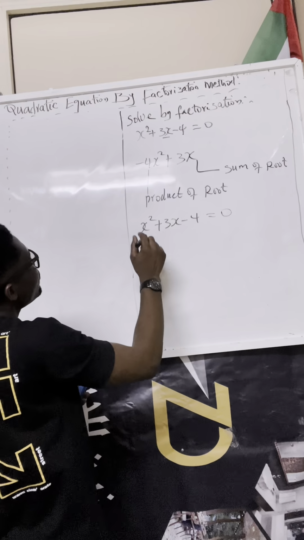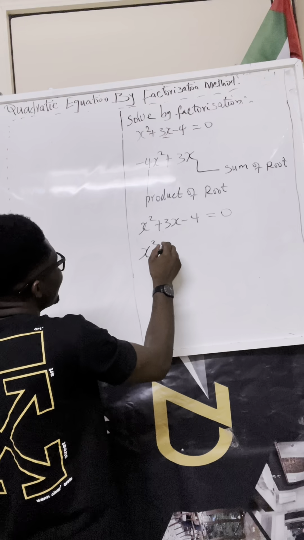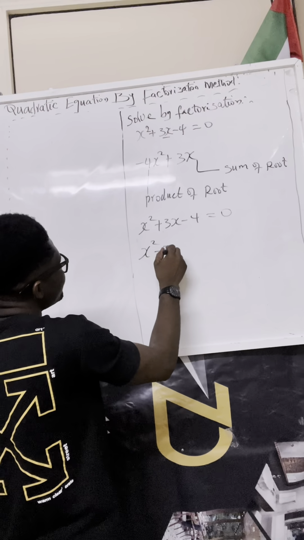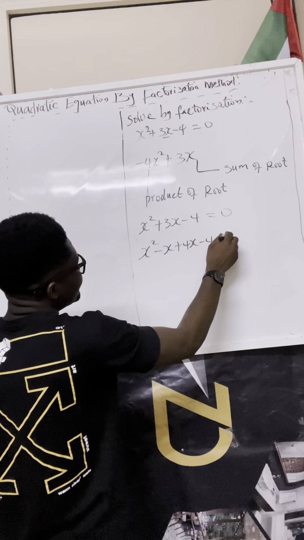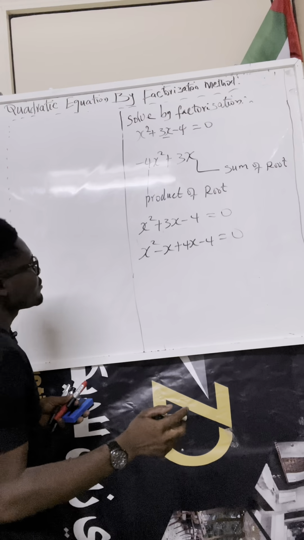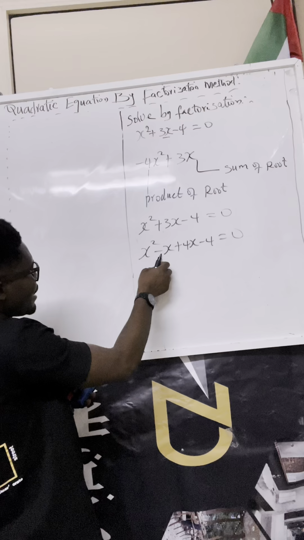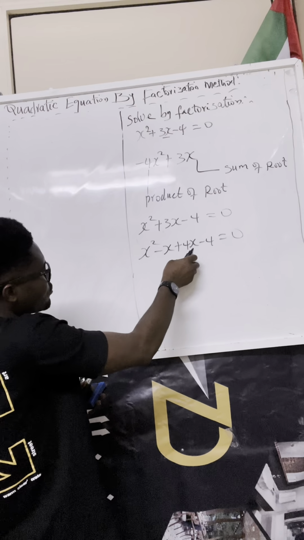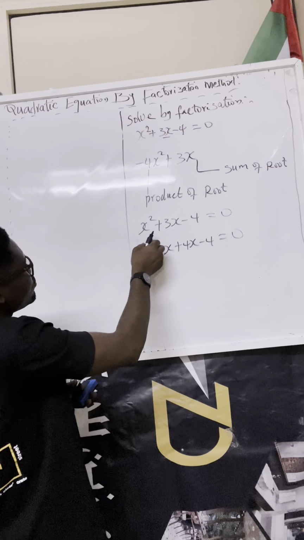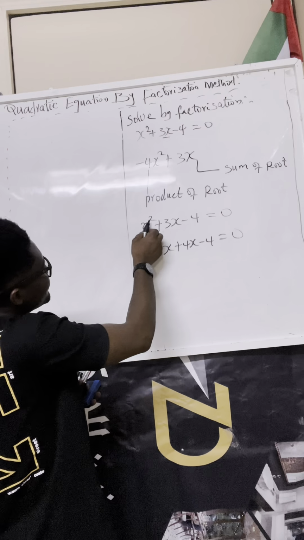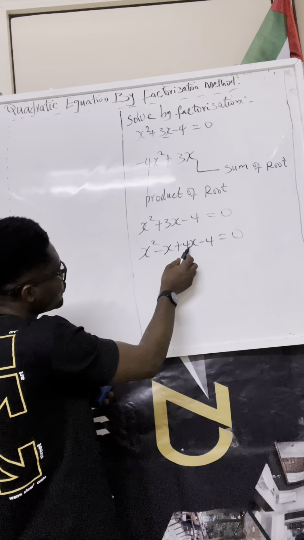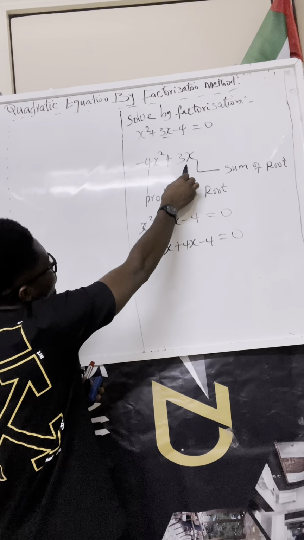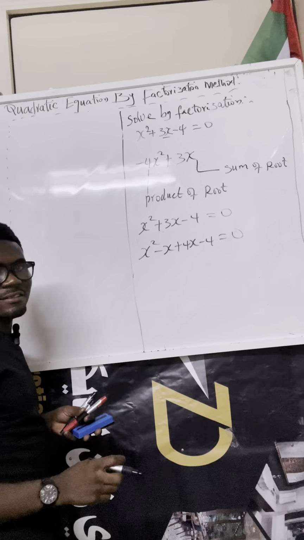Now the product here will be x squared, and we have minus x plus 4x minus 4 equals 0. That is to say that minus x times 4x gives us minus 4x squared, and minus x plus 4x is going to give us plus 3x.